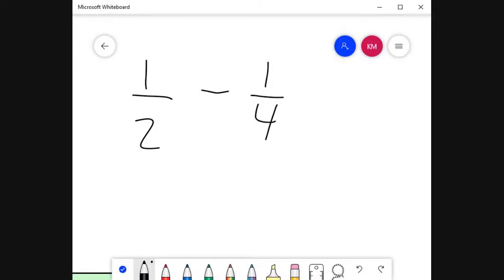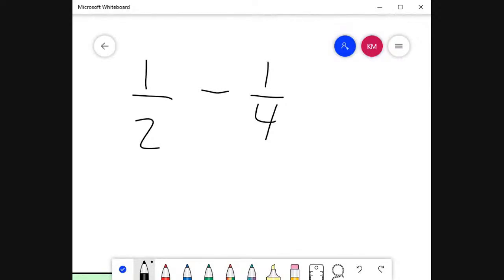So we know that both 1/2 and 1/4 have different denominators. In order to add and subtract, they must have the same type of denominator, meaning the same number on the bottom. So how about finding the least common multiple and the greatest common factor.